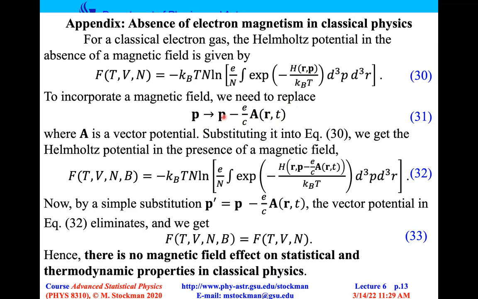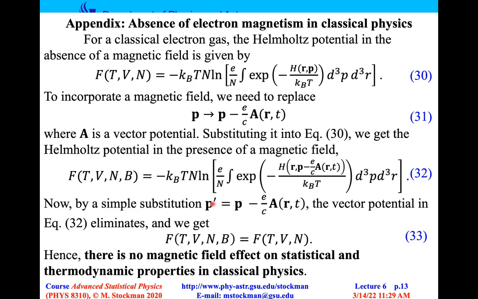And this kinetic momentum is P shifted by e over c with minus sign, A, and A can depend on r and t. This A is vector potential. Now substitute it here, and F formally depends on B. Now, through this addition, A, if you curl A, you get B. Dependence on A is dependence on B.